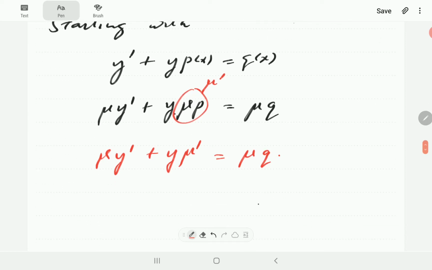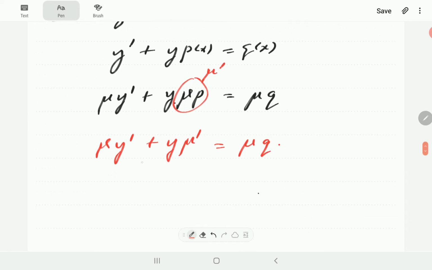Okay. Now notice this is just the product rule expansion of this derivative. If we differentiate y mu by the product rule, it's going to give us mu y prime plus y mu prime. Okay.